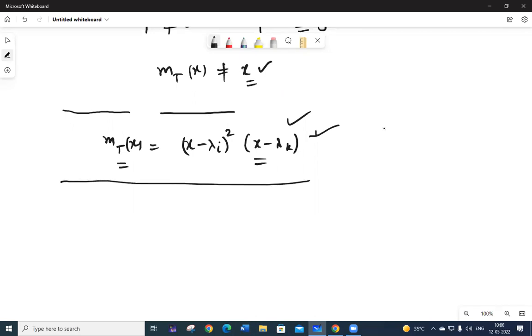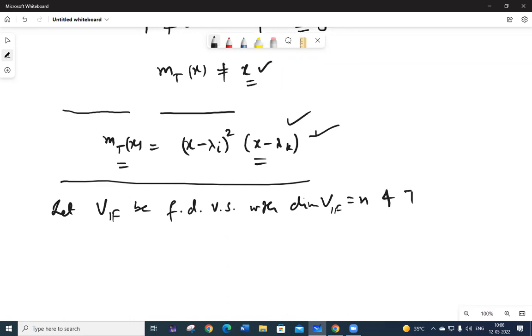Here is the theorem. Let V be a finite dimensional vector space over F, with dimension equal to n, and T belonging to L(V), where L(V) is the set of linear operators.